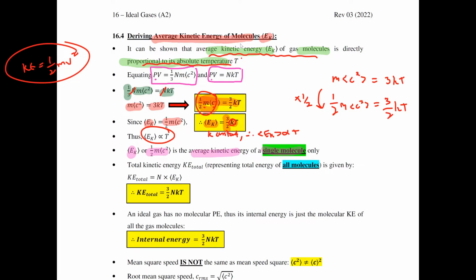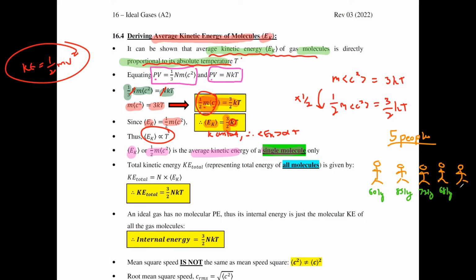Let's just say I tell you you have 5 people inside a room. 1, 2, 3, 4, 5. And they all have different masses. This guy is 60 kg. This guy is 85 kg. This guy is maybe 72 kg. And then this one maybe 68 kg.